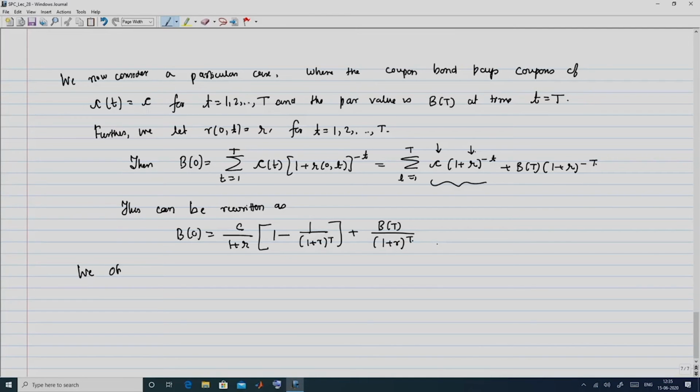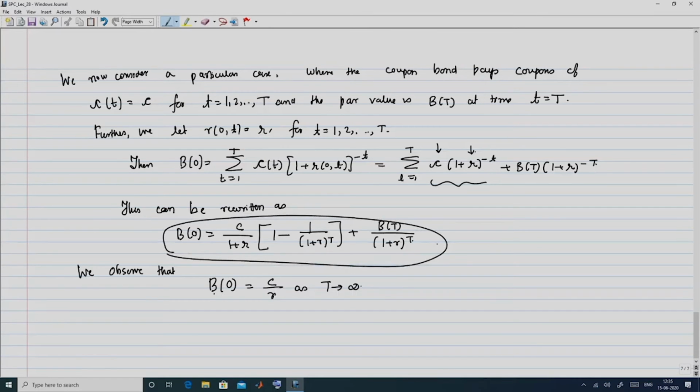We observe that B of 0 is going to be C over R as t tends to infinity. So, in this expression, if we let t tend to infinity, we will have B 0 is equal to C over R. So, in practice, you might wonder what is this infinite maturity.